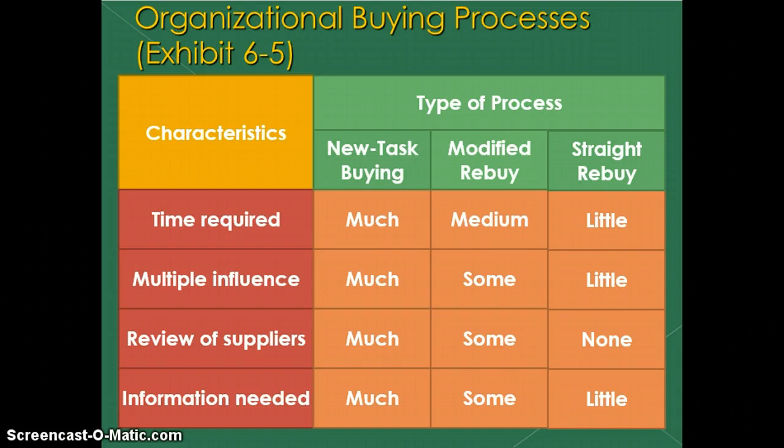Now the first one that you see there, the new task buying, is the one that's going to take the most amount of time. This is when an organization has a new need, a new want of some sort, and you have to gather a great deal of information about how to actually order this product. It does take a lot of time.